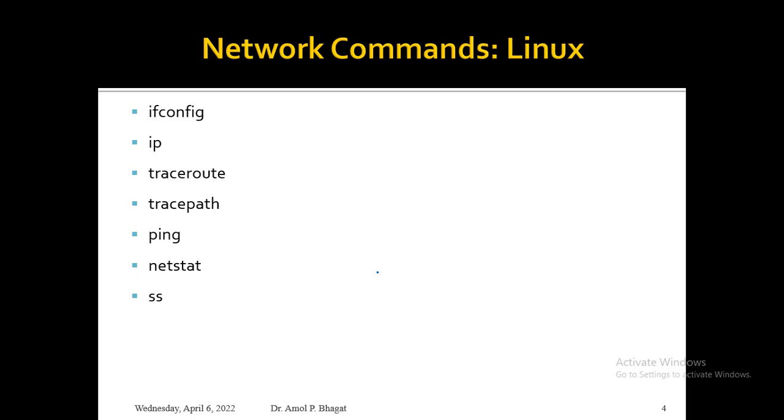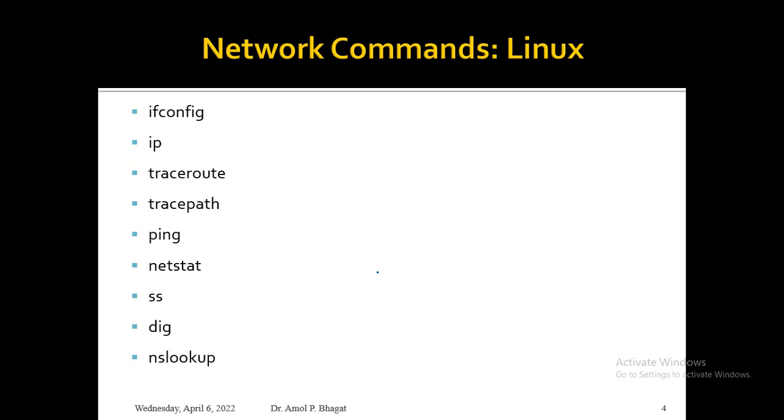Okay, then there is the dig command, separately provided in Linux, so you can query domain name system related information using this dig command. Then nslookup, as the netstat we have seen, right?